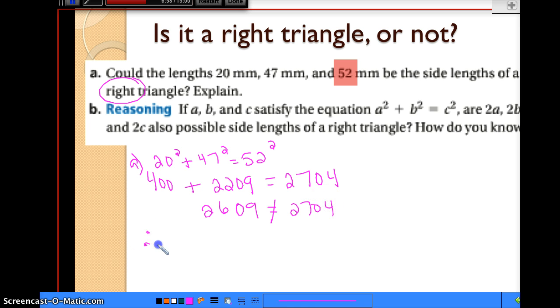So therefore, it is not a right triangle since the Pythagorean theorem did not work.